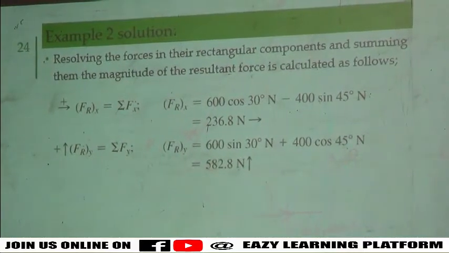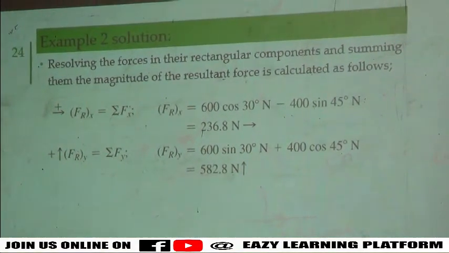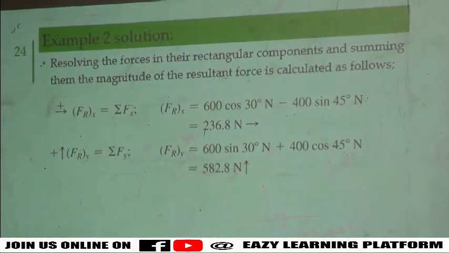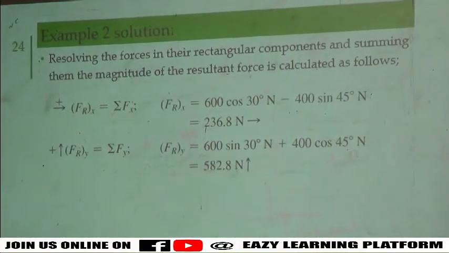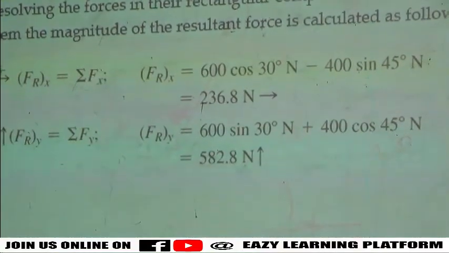Now when you resolve F1 and F2 and you sum forces in the X, you have 600 cos 30 minus 400 sine 45, and you have the sigma Fx to be 236.8.